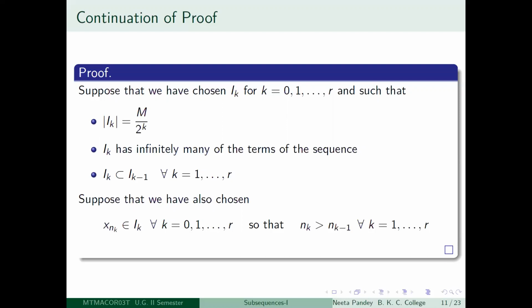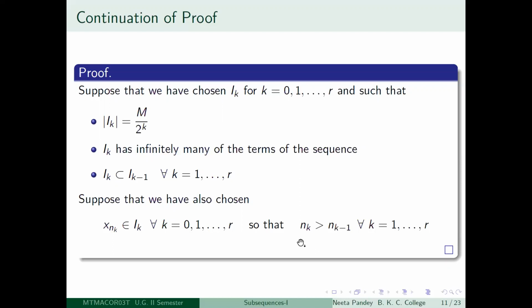Do the same thing again: subdivide I1 into two, choose one which has infinitely many terms of the sequence, and call it I2, and so on. So each Ik has infinitely many terms of the sequence, and Ik is a subset of Ik minus 1. And we are also continuously choosing terms of the sequence xnk in Ik so that nk is greater than nk minus 1.